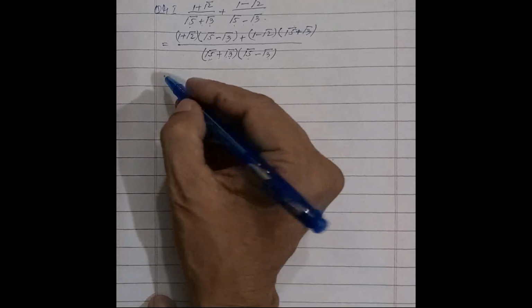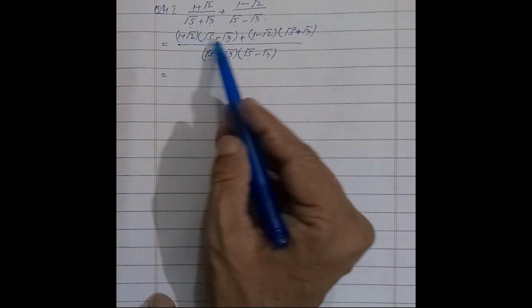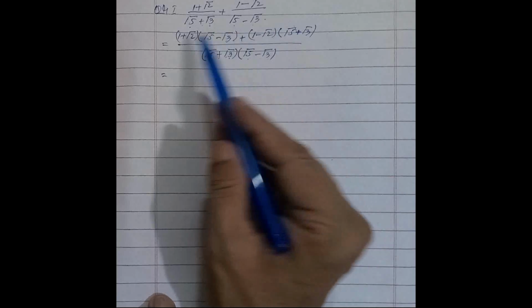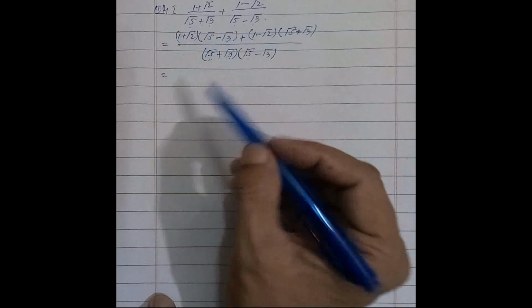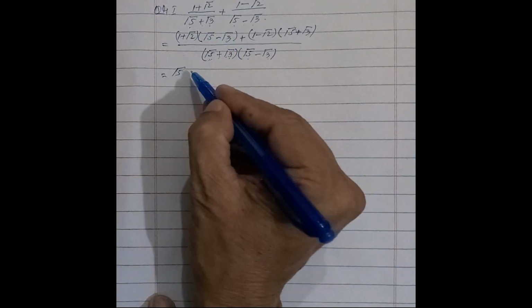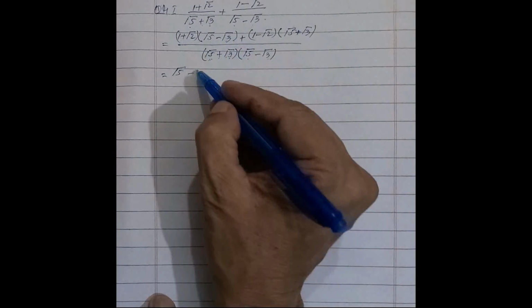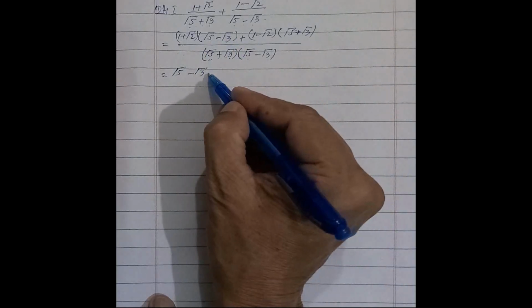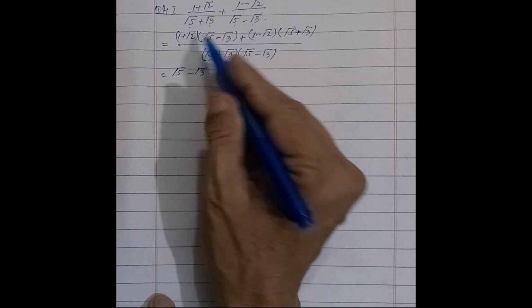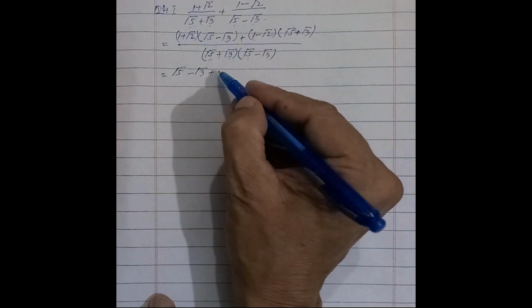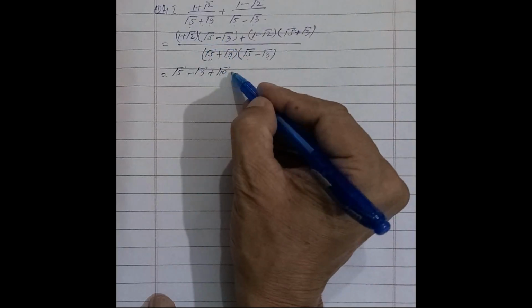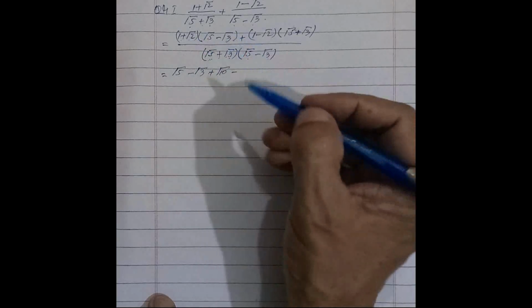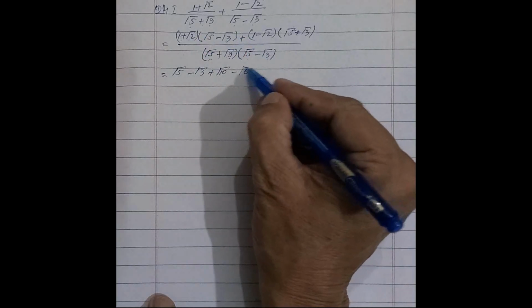Now we simplify these values by multiplying. First, 1 multiply square root 5 is square root 5, minus 1 multiply square root 3 is square root 3. Square root 2 multiply square root 5 is square root 10, minus square root 2 multiply square root 3 is square root 6.